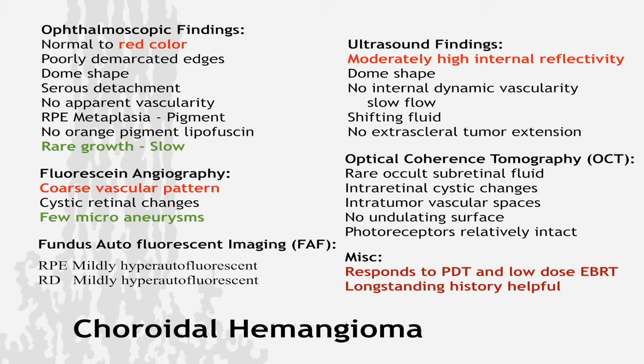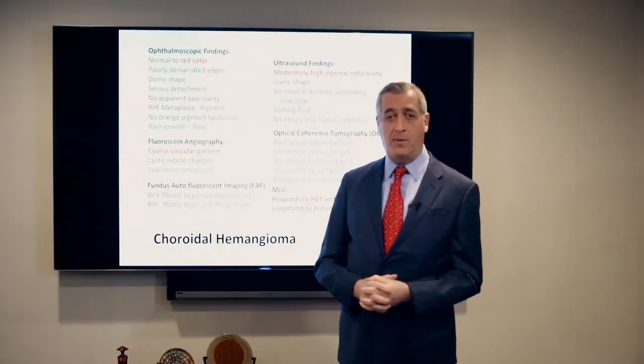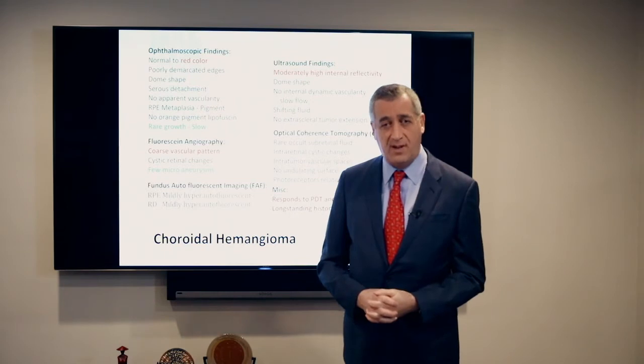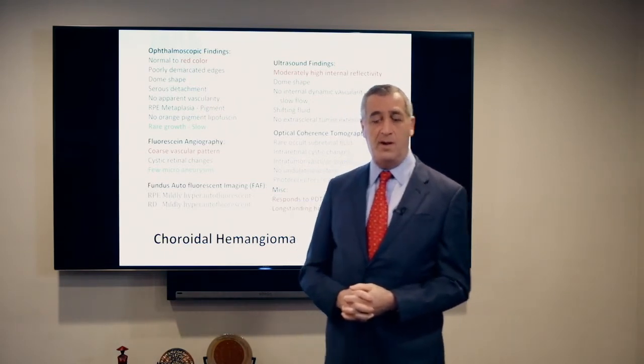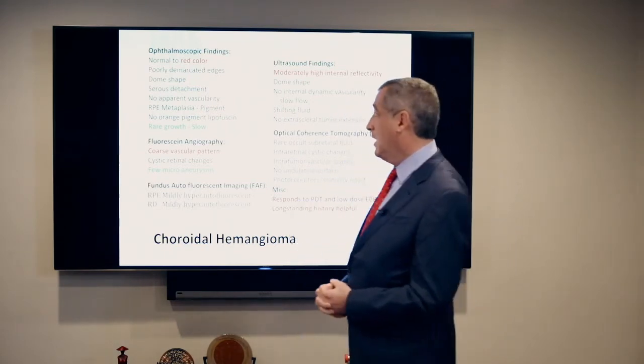So in terms of looking in, hemangiomas tend to be red or orange. Not all of them, but most of them are. They tend not to grow. I can't remember one hemangioma that I saw grow significantly over a 6-month period of time.